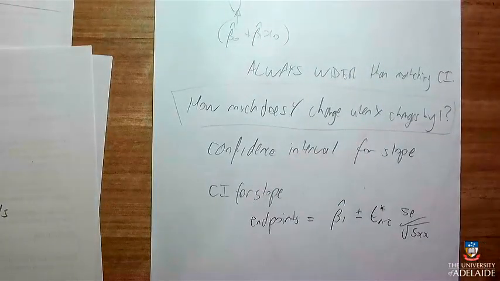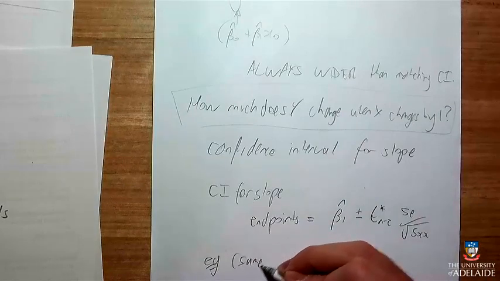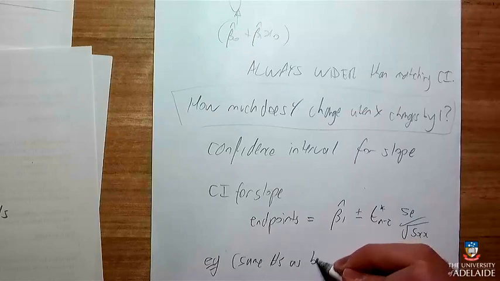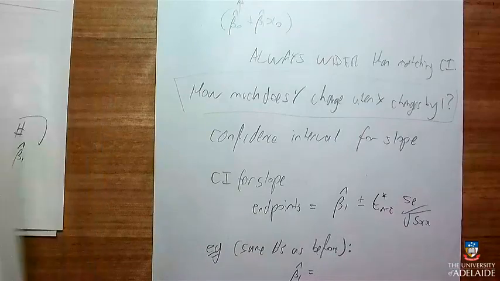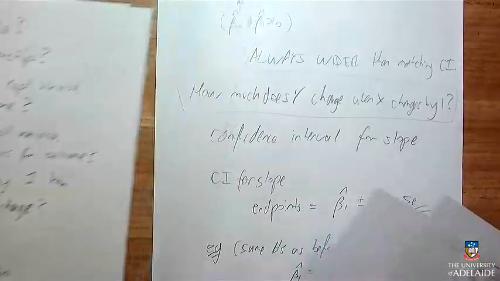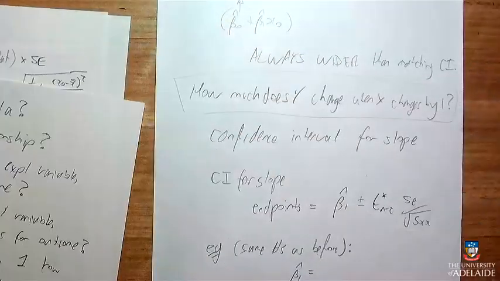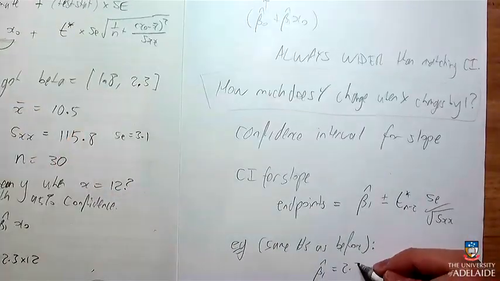So in that situation I had before, I can actually calculate this. My beta 1 hat was 2.3.